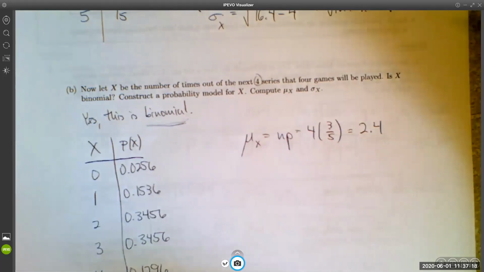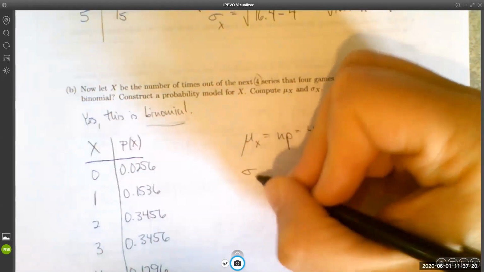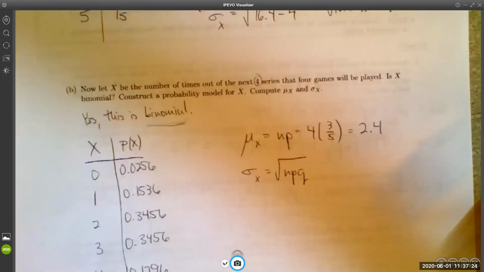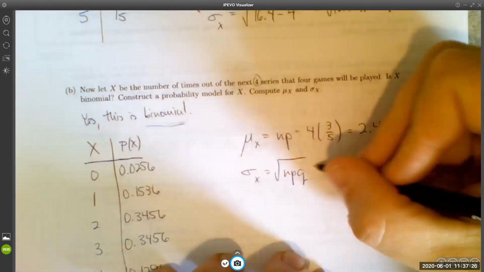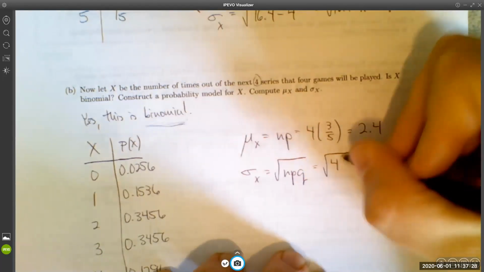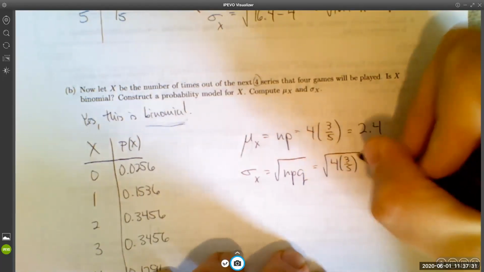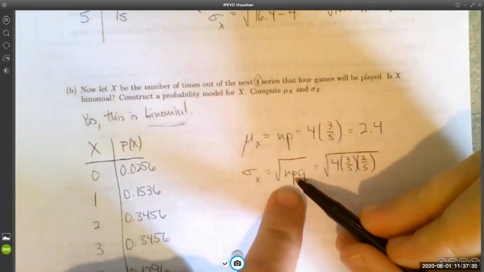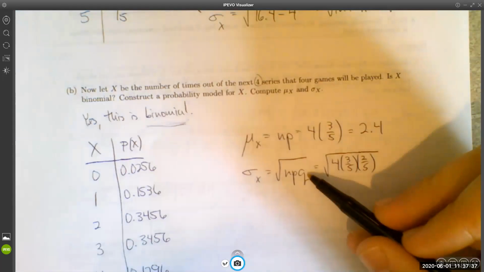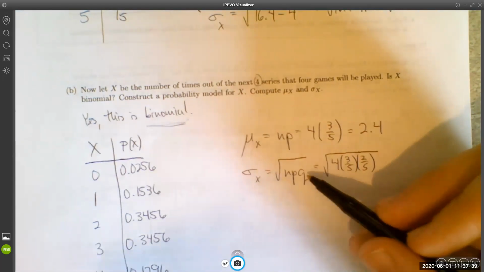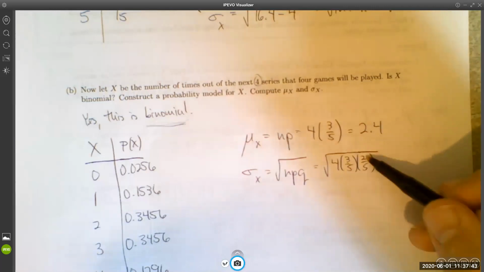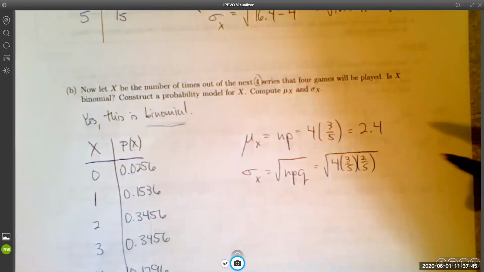Okay, and the standard deviation is the square root of n times p times q. That's going to be the square root of 4 times 3/5 times 2/5, right? Again, p is the probability of success, q is the probability of failure, q is just 1 minus p. So if you have a 3 out of 5 chance of success, that means you have a 2 out of 5 chance of failure.